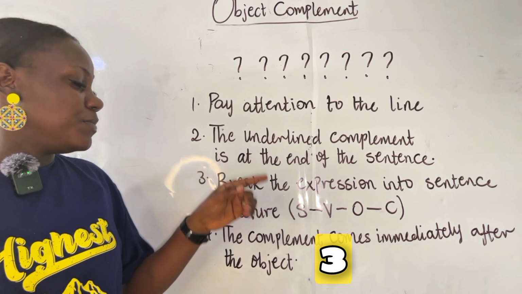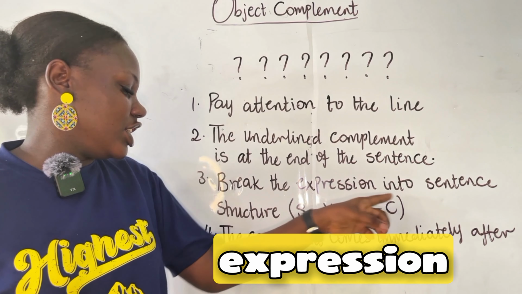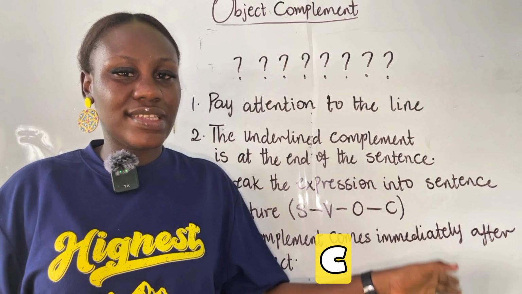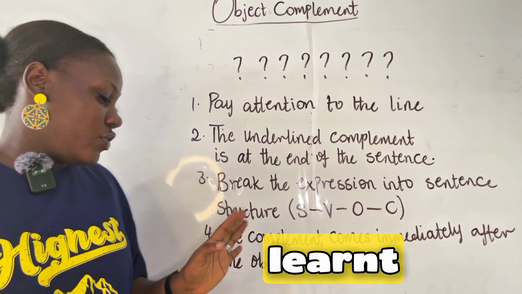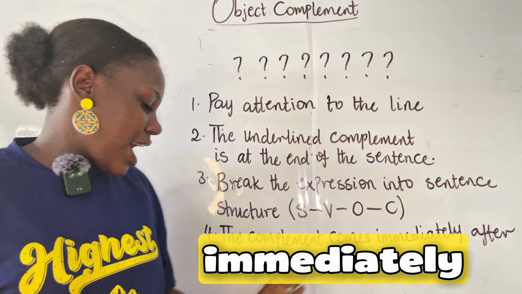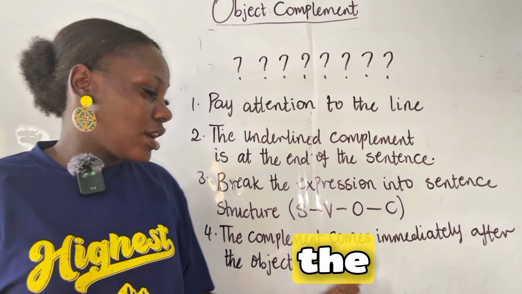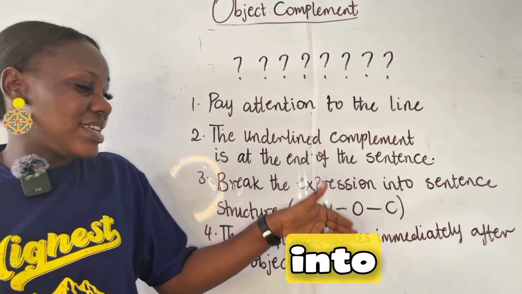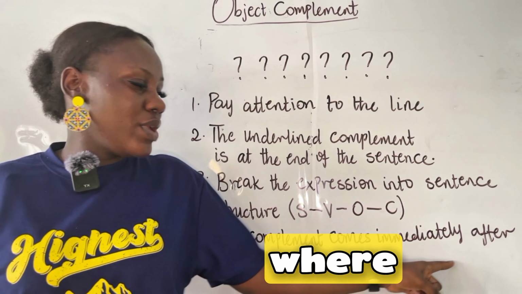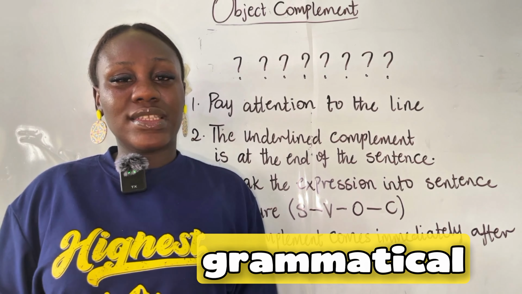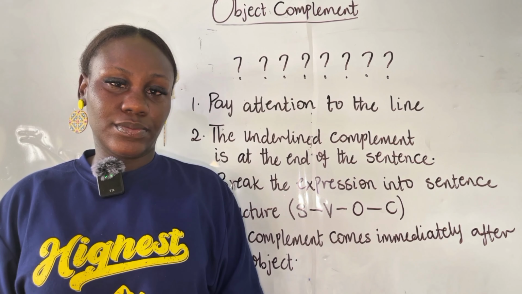Rule number 3, break the expression into sentence structure, that is SVOC, as you have learned. Rule number 4, the complement comes immediately after the object. When you break it into sentence structure, you will know where the complement comes after, and you will be able to provide your grammatical name and function.